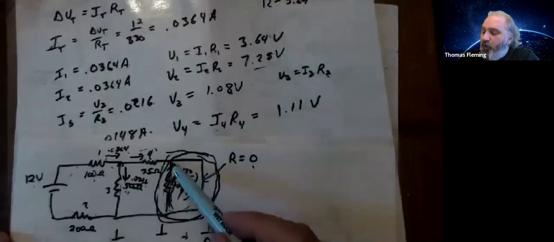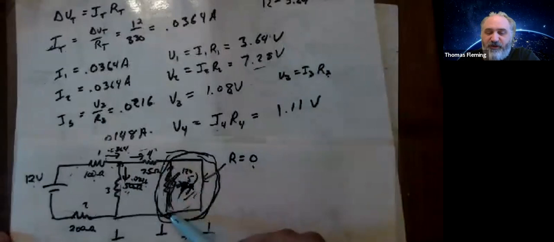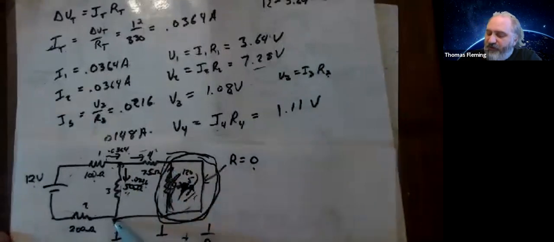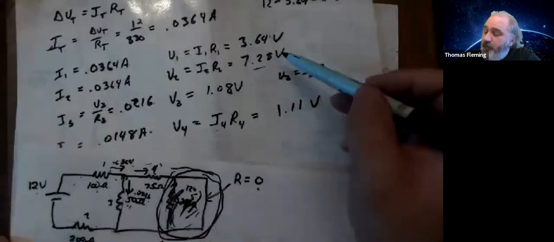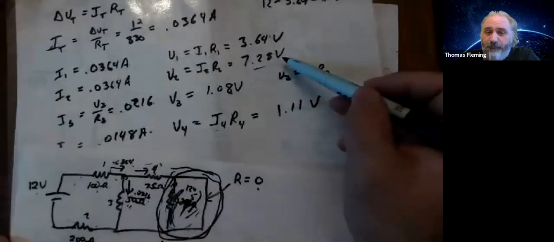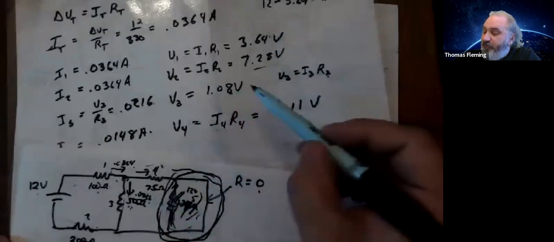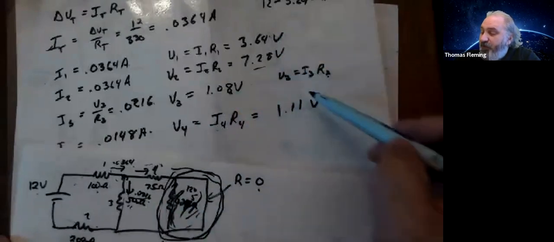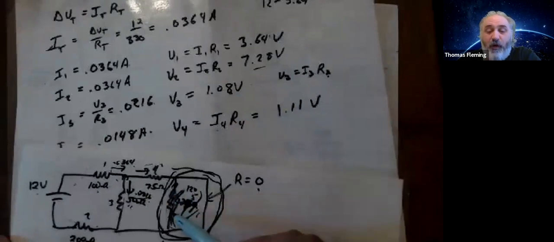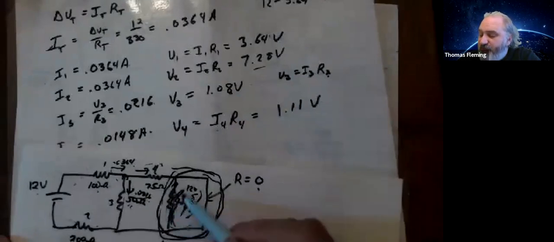Then I'm going to go across this, and it's going to drop by an unknown number of volts. Then I'm going to go across this. It's going to drop by 7.28 volts. Except when I take this plus this plus this, it adds up to basically 12 already, which means there's nothing left for it to drop across this guy.